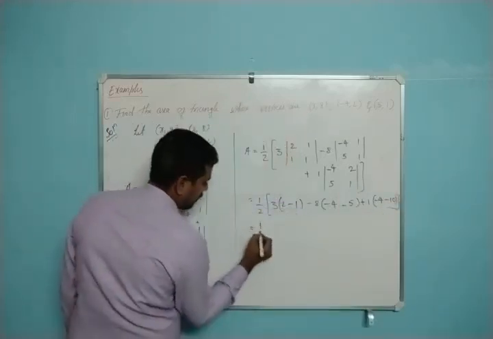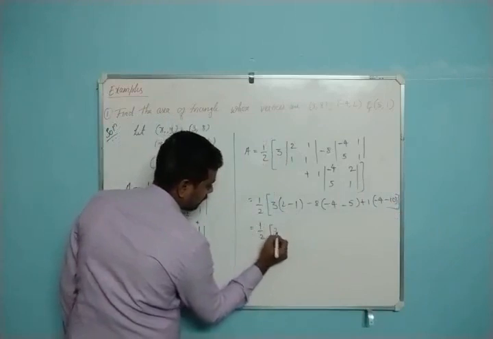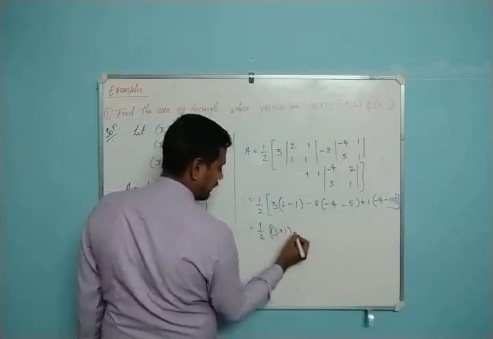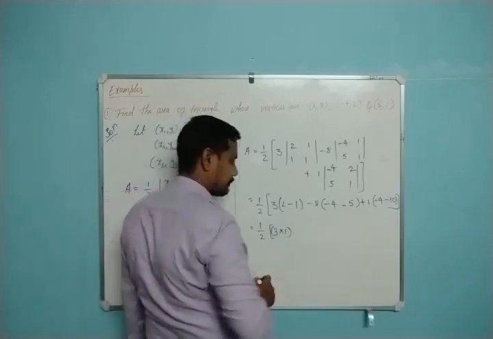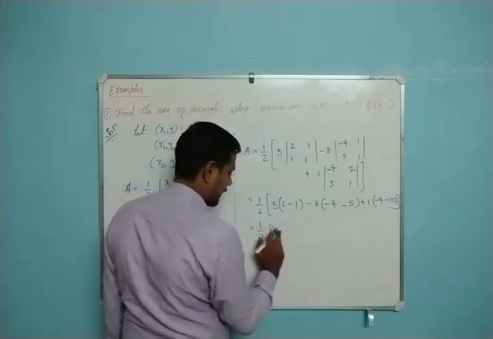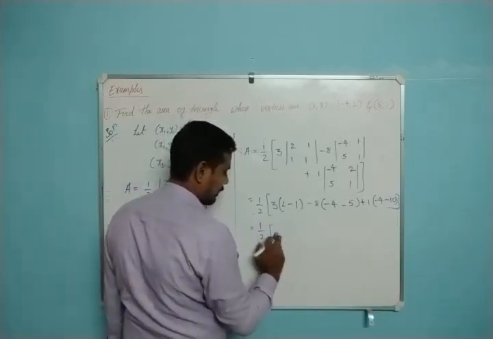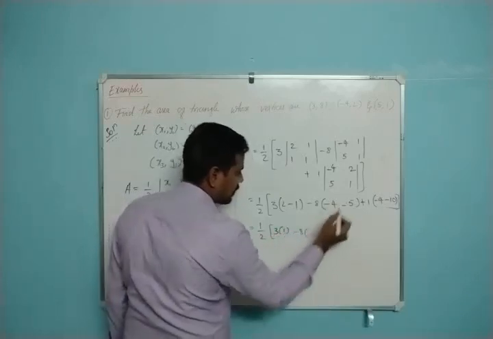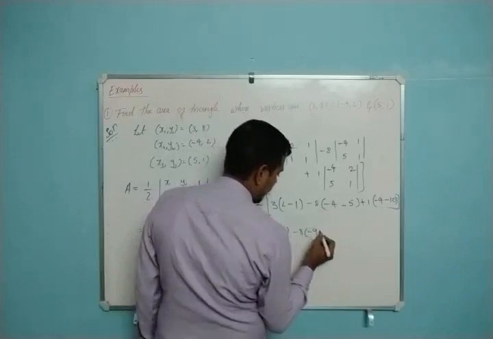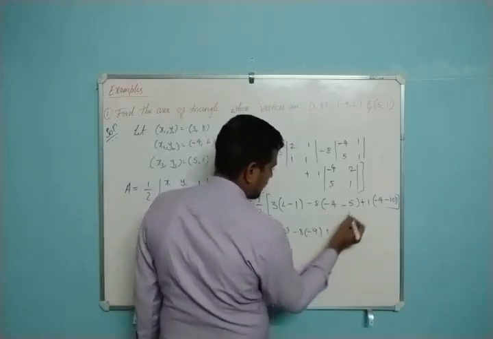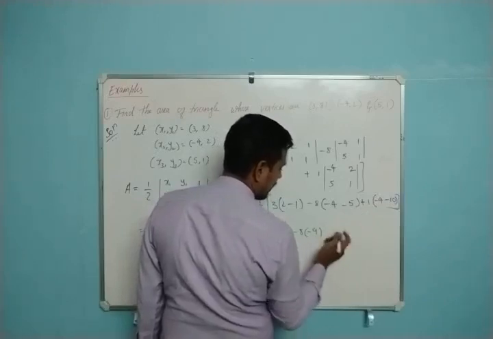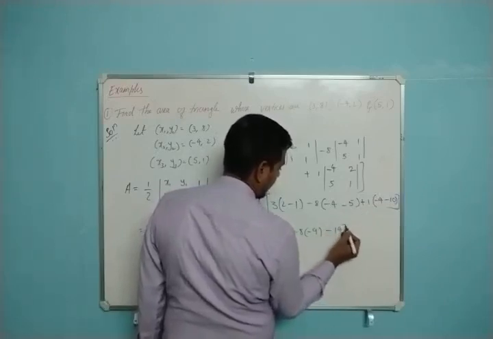So this is half of 3 into 1, minus 8 into (-4 minus 5, that is -9), plus (-4 minus 10), which is -14.